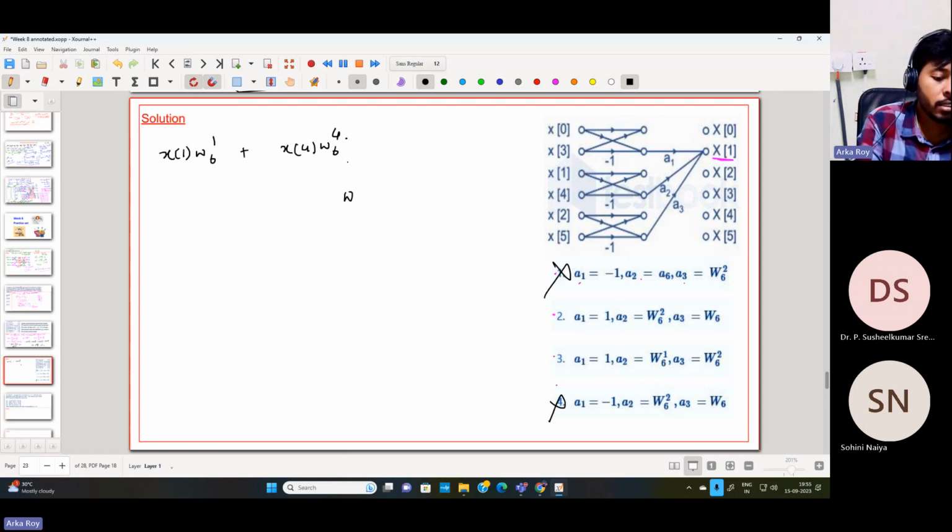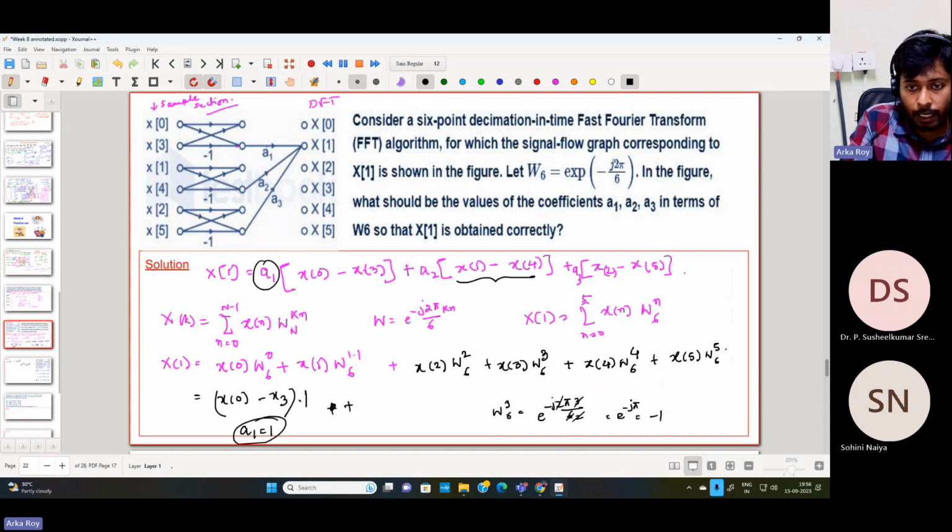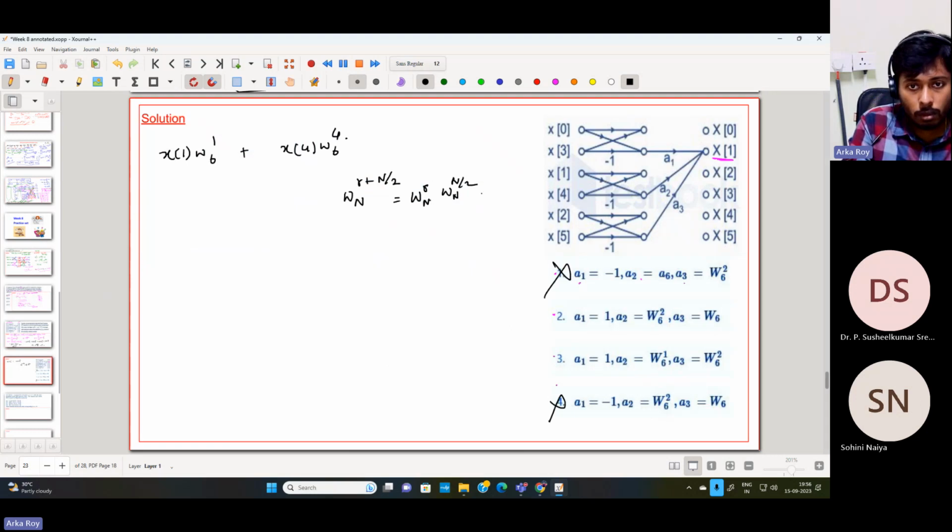So we have a relation that we can exploit, applicable for this twiddle factor: W n to the power r plus n upon 2 is equal to W n to the power r multiplied with W n to the power n upon 2. Just now we have seen that n is 6 and n upon 2 is 3. So the output is minus 1. So this could be minus W n r.